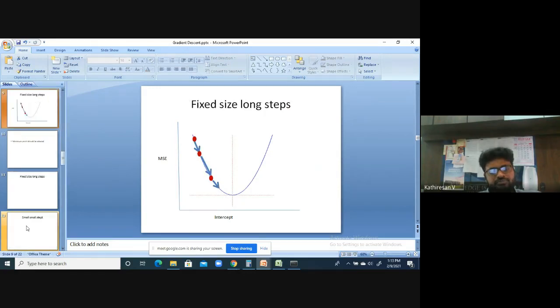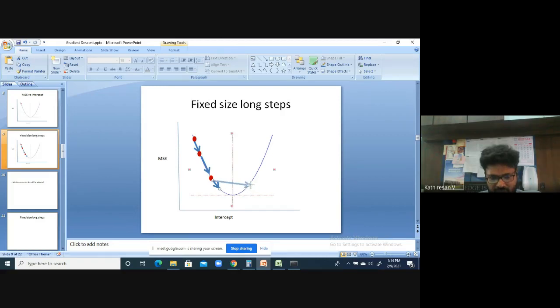Okay, so we have discussed already the small steps and greater steps, where we have to take small steps and where we have to take a bigger step. See here, if you take bigger and bigger steps, you may miss the global minima. If you take a bigger step, you may go here, and you may miss the global minima.